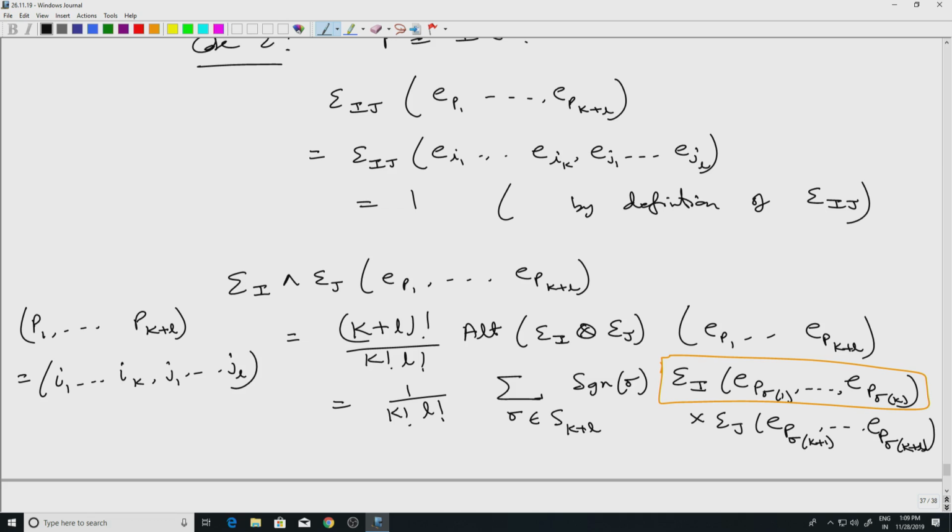So what I want to say here is that p_σ(1) through p_σ(k) should be nothing but a permutation of I1 all the way up to Ik.